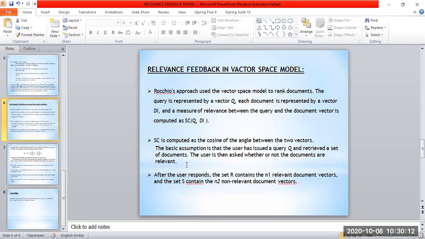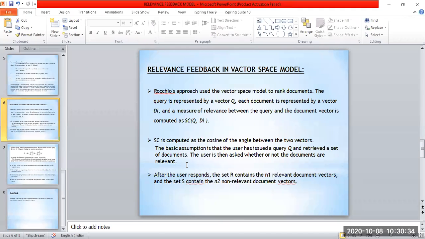You know that each and every document in the vector space model is treated as a vector. A vector is nothing but a dot or a point in a vector space.